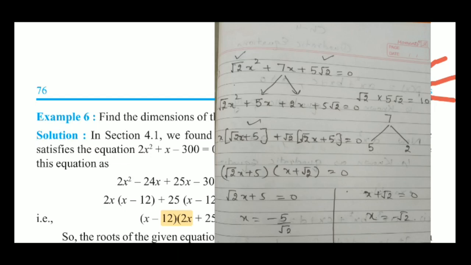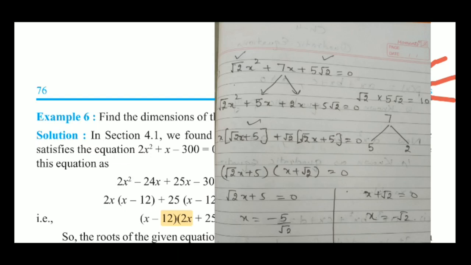We will solve this question again by splitting the middle term. Before splitting the middle term, you will multiply the coefficient of x square, that is under root 2, and the constant term, that is 5 under root 2. The product of these two is equal to 10. And now see, the middle term is 7.